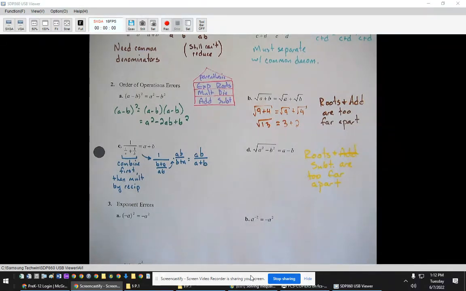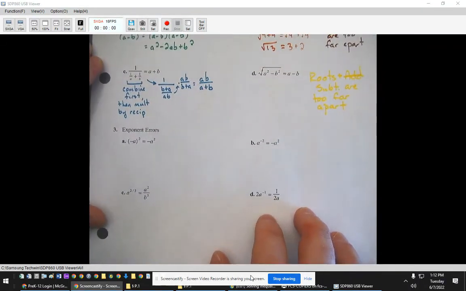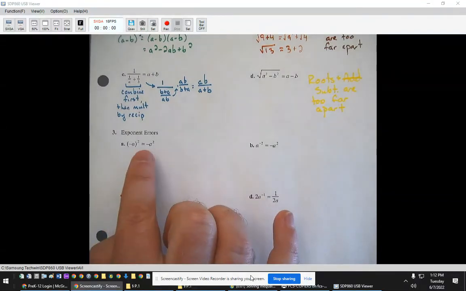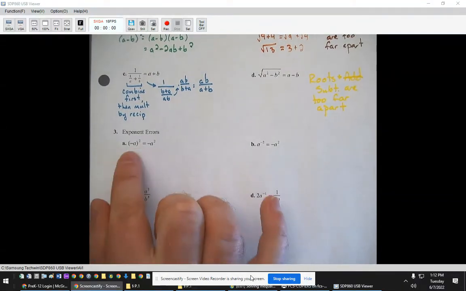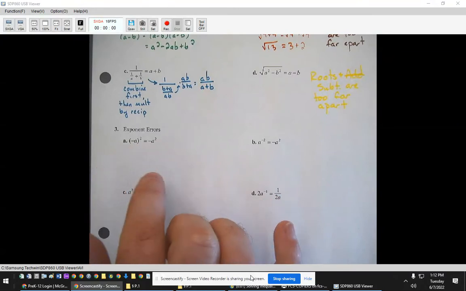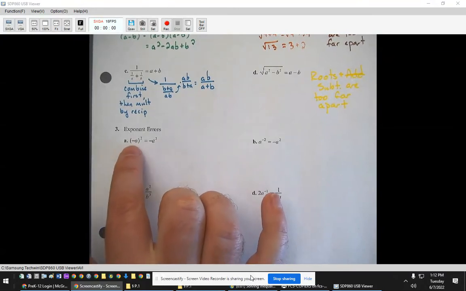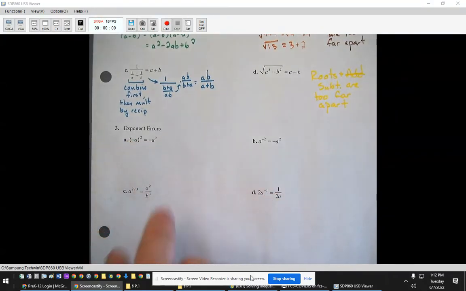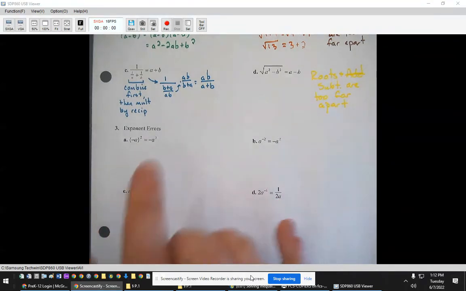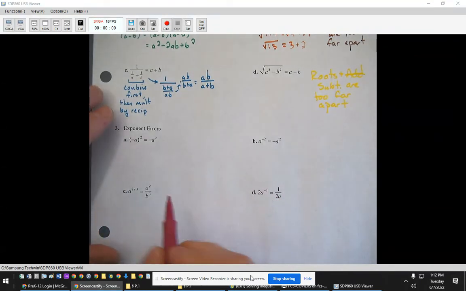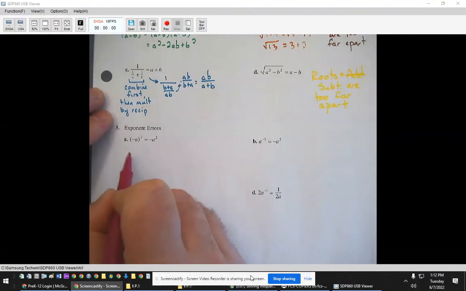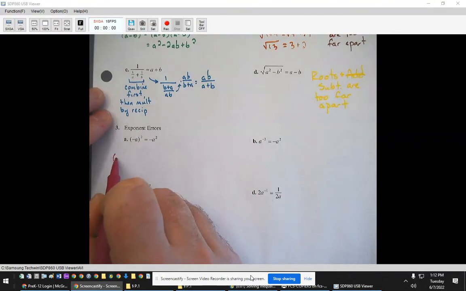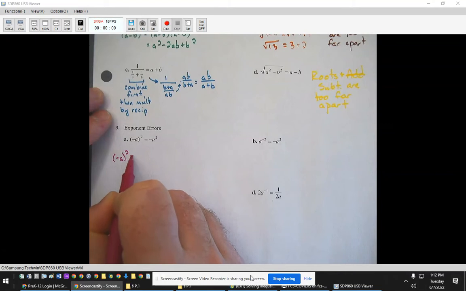All right, so now we've got some exponent errors, some common mistakes that kids make with exponents. There is a difference between these two things. In this case, I've got negative a, and the squared is around everything, and over here we've got negative a squared. There's a difference. Negative a, all squared, means that the negative and the a are getting squared.